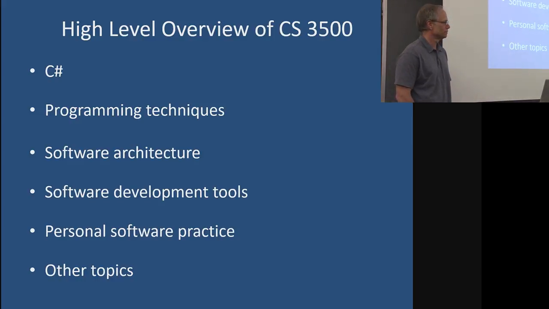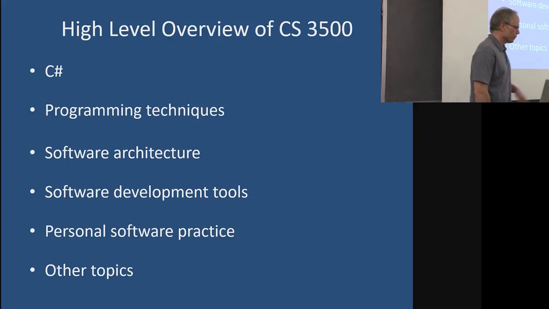Okay, going forward, those of you that are CS majors will take 3500. That's a class where you'll learn C++, which is useful in its own right. You'll also learn more about software engineering in larger groups.